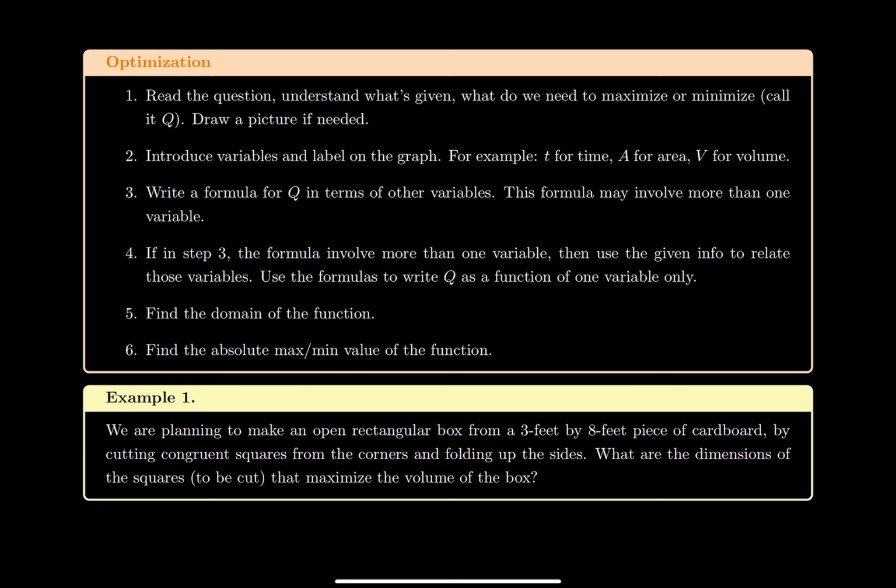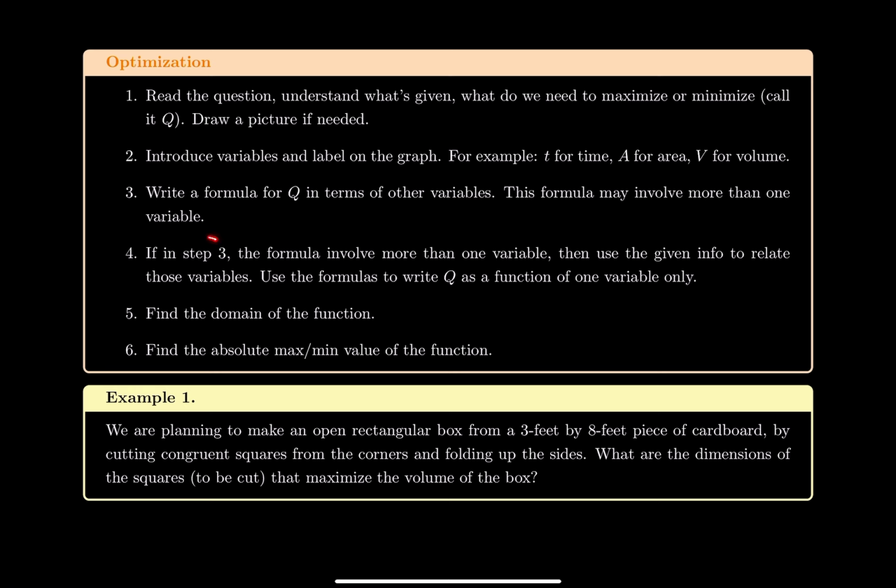And maybe you want to label some of the variables in your graph. Then you want to write whatever you need to maximize or minimize, let's call it Q, in terms of other variables. This formula may involve more than one variable. It may or may not, depending on how you define your variables, and we'll see examples for both cases.